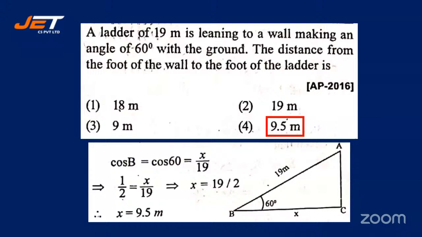Adjacent side is x. All right, so adjacent side by hypotenuse is cos. Right, so x by 19 is nothing but cos 60. Cos 60 is half. Therefore, x is equal to 19 by 2. In other words, 9.5 meters. All right, so hope you would have got the answer.